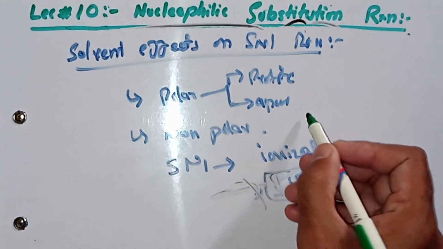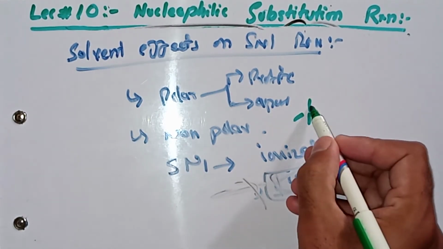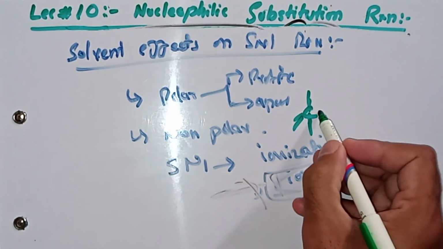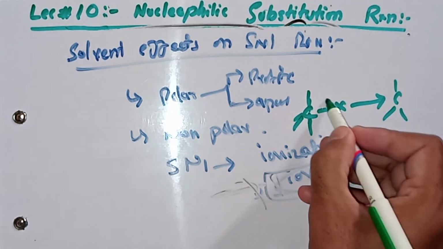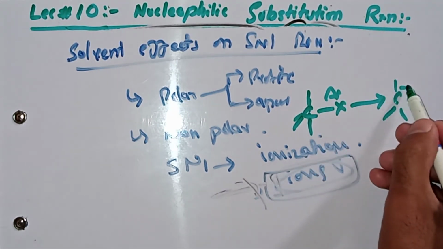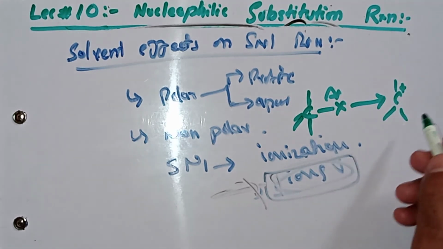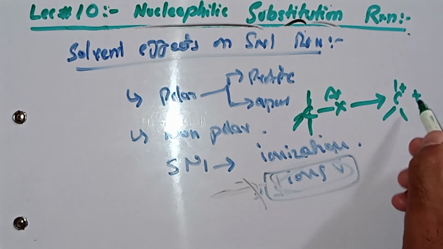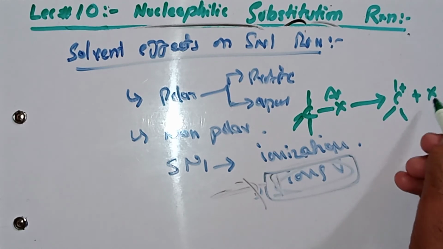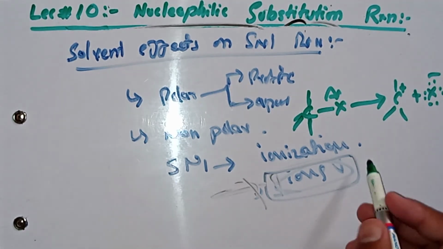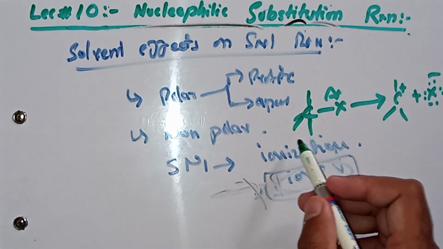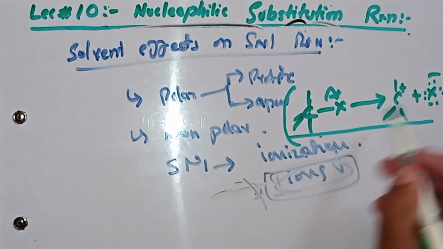This is the first step of the Sn1 reaction. This is carbon, that is X. In the first step it becomes polarized and ionized: the electrophile is positive, and the halide or leaving group is negative. This is the slow step of the Sn1 reaction.